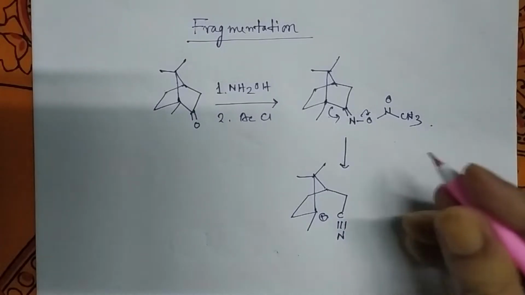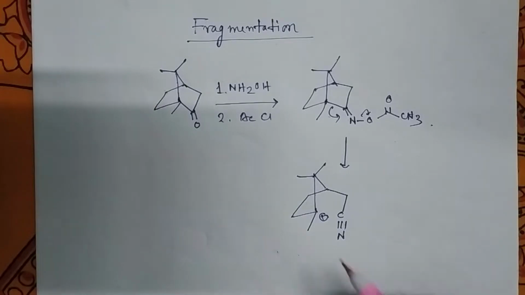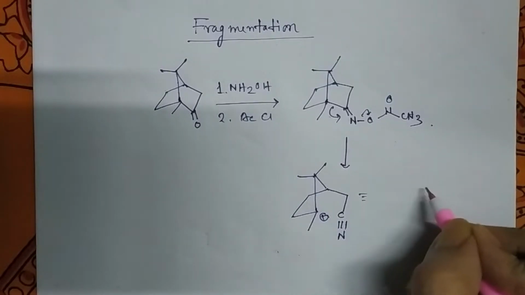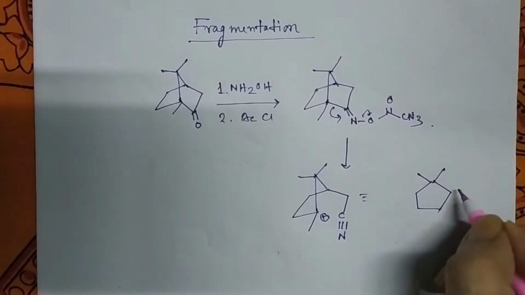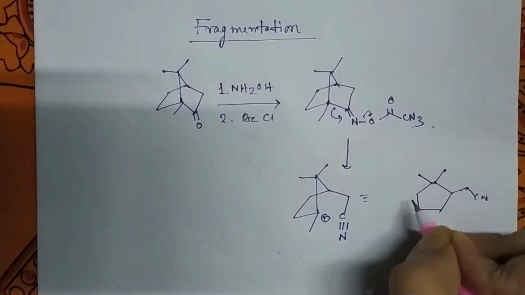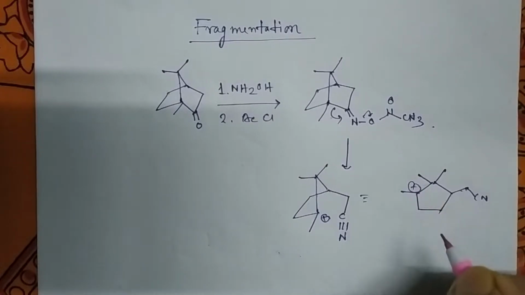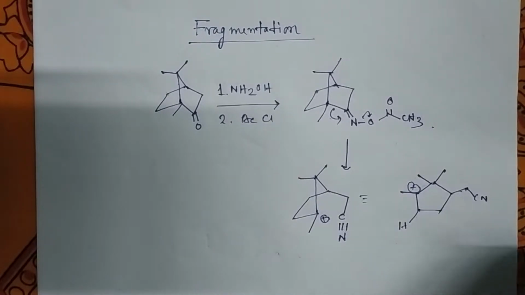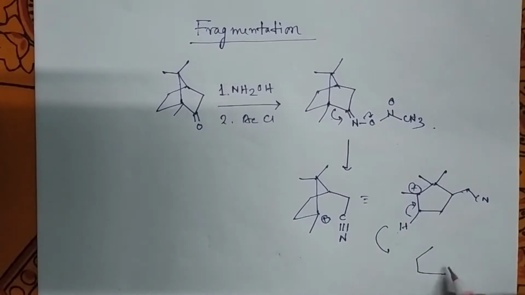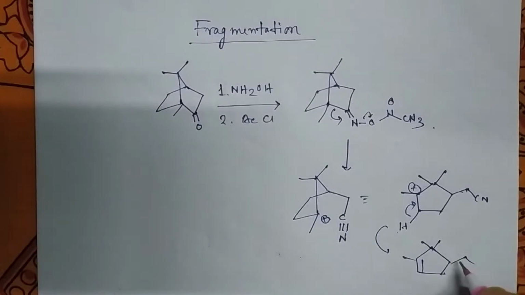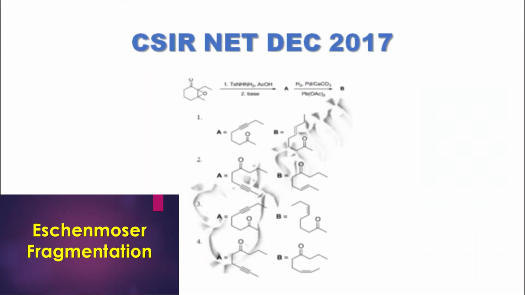So this is the C double bond N. Now if I rewrite this in a planar 5-membered ring structure, then it will be like this, and at last a hydrogen elimination reaction. This is our first example. So let's get to our next question.